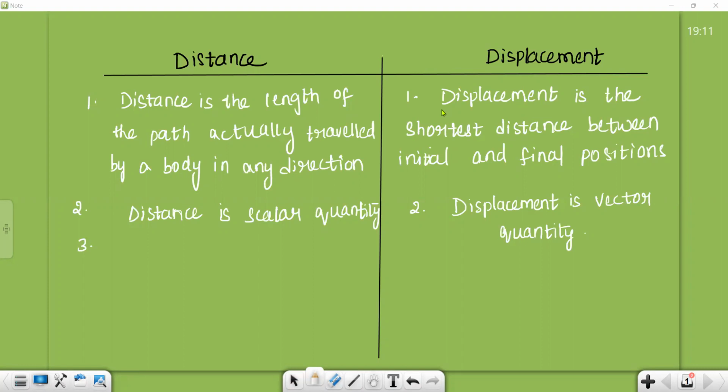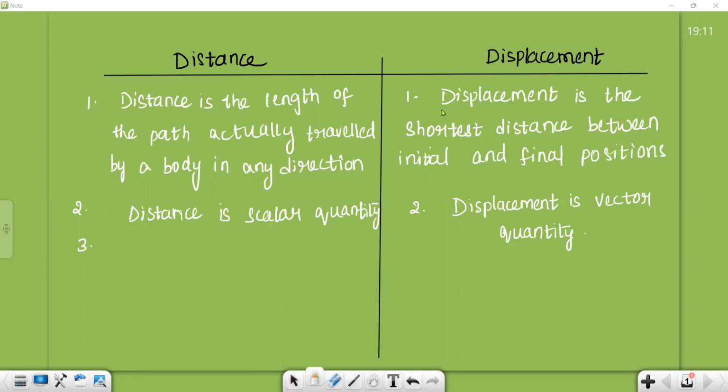Scalar has only magnitude. Magnitude means nothing but size, right? But it doesn't depend on the direction.